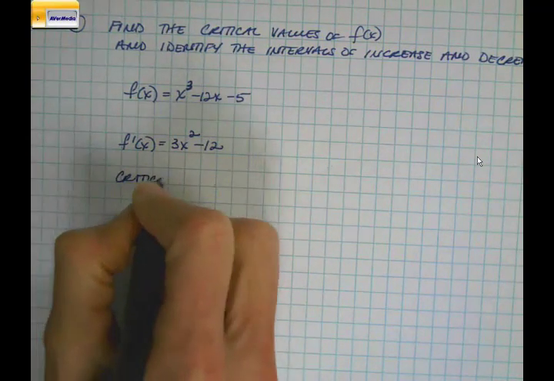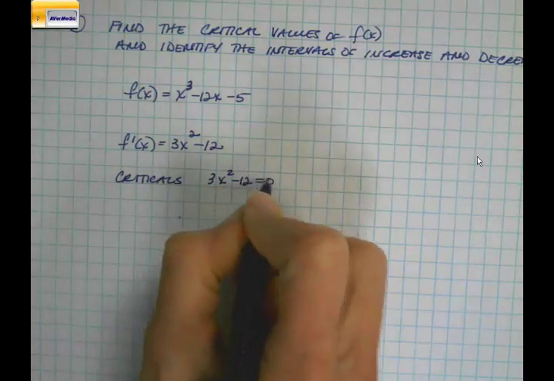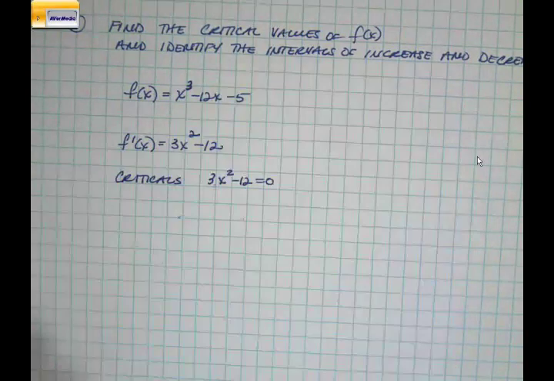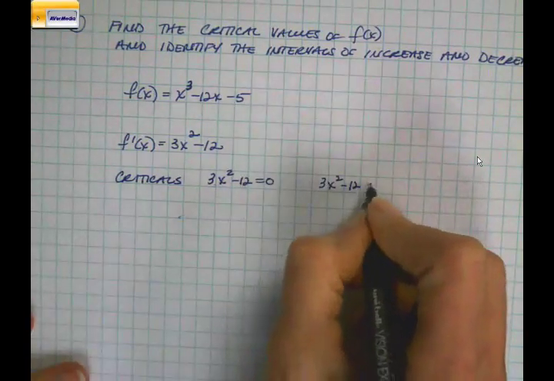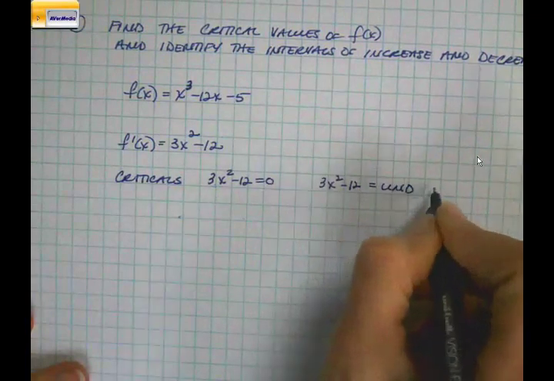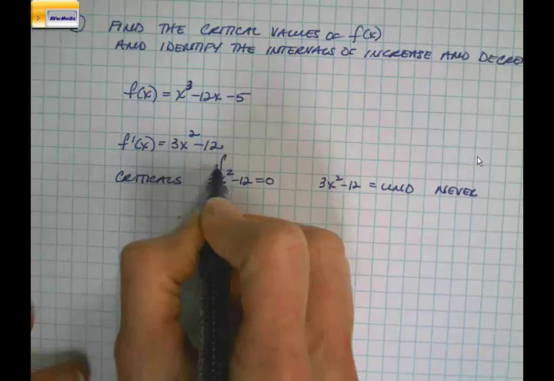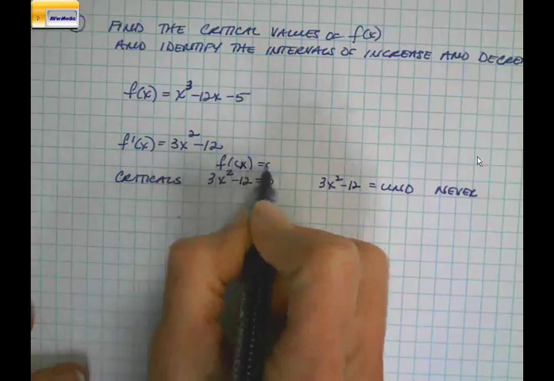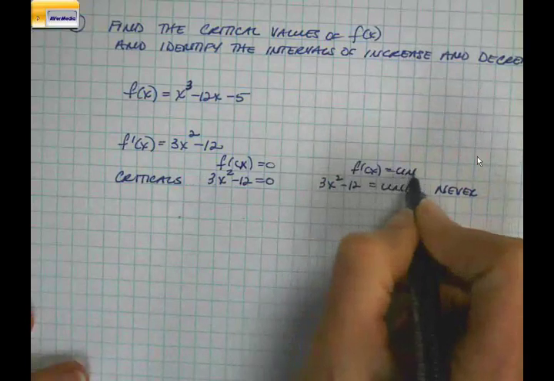Our critical values are where 3x squared minus 12 equals 0, or where 3x squared minus 12 is undefined. Well, 3x squared minus 12 is not undefined. In other words, you're looking for where f prime of x equals 0, or where f prime of x is undefined.